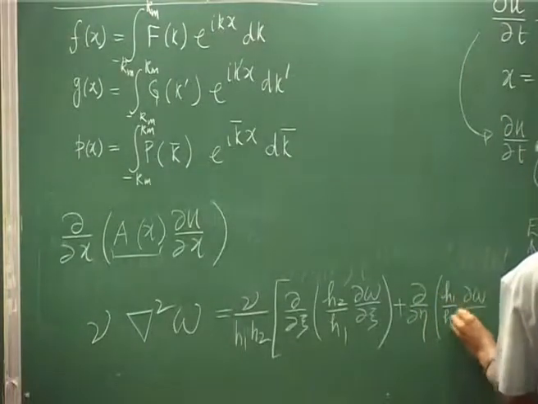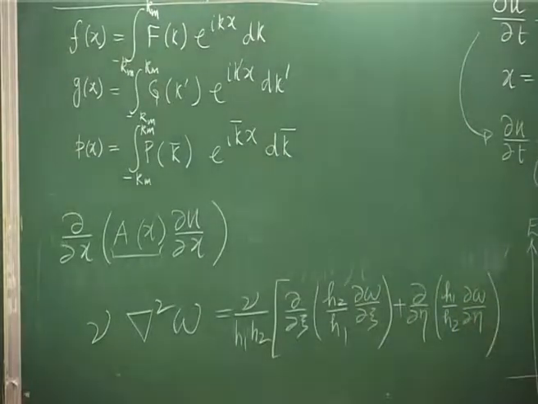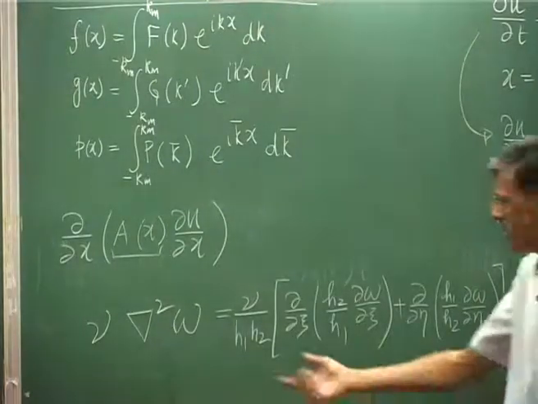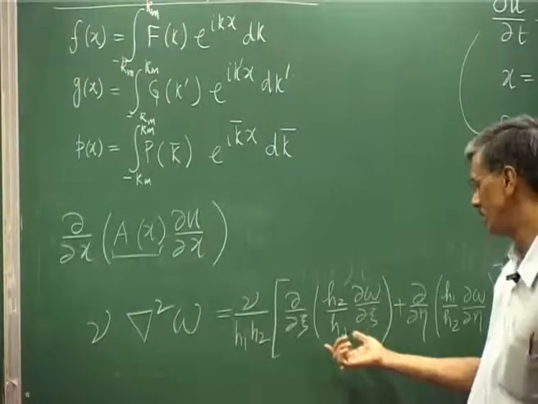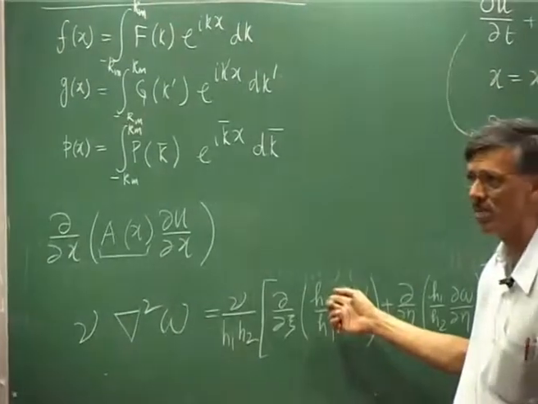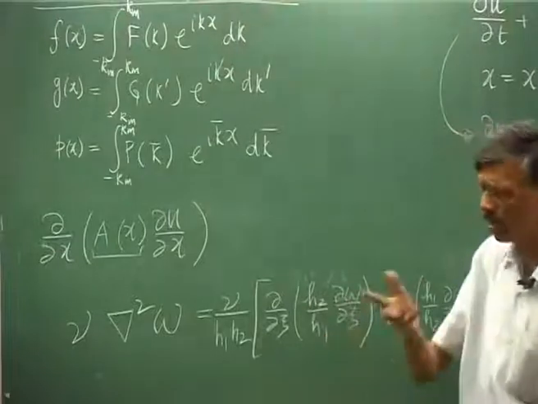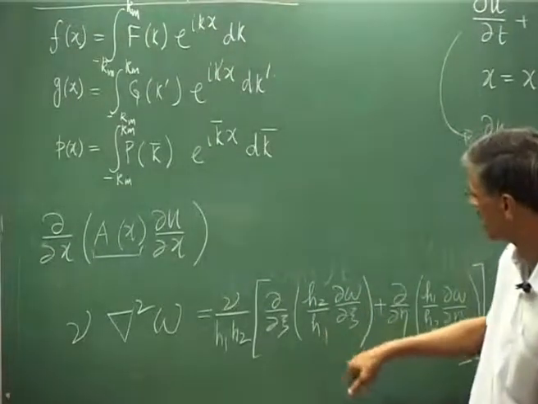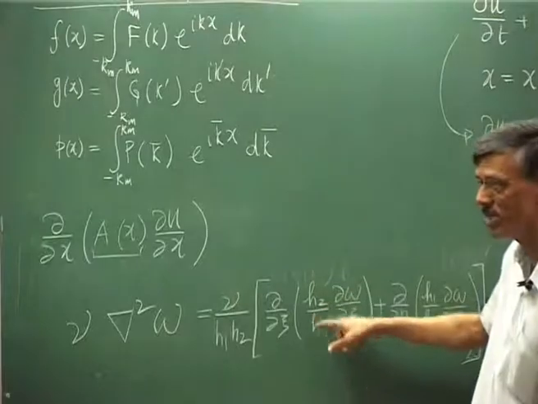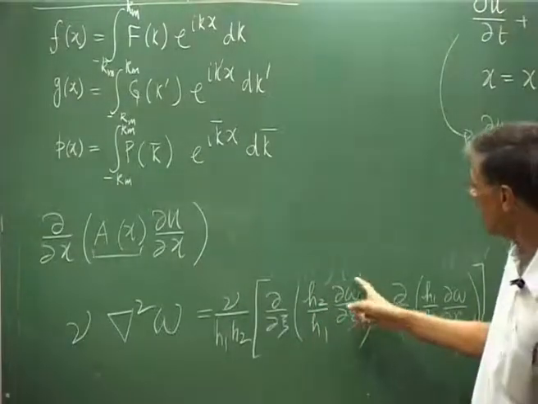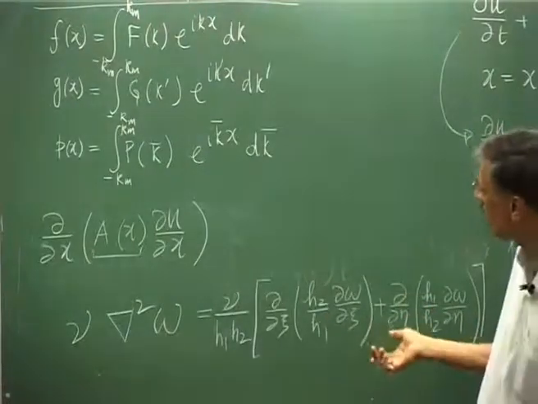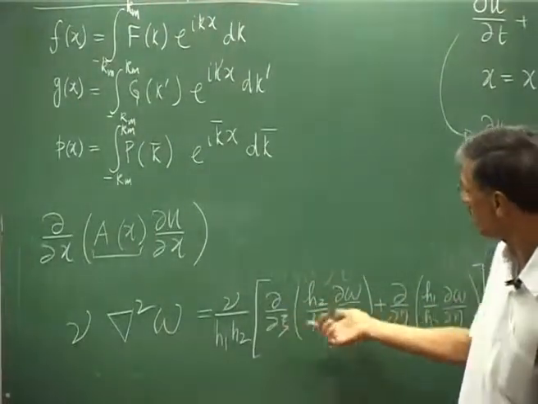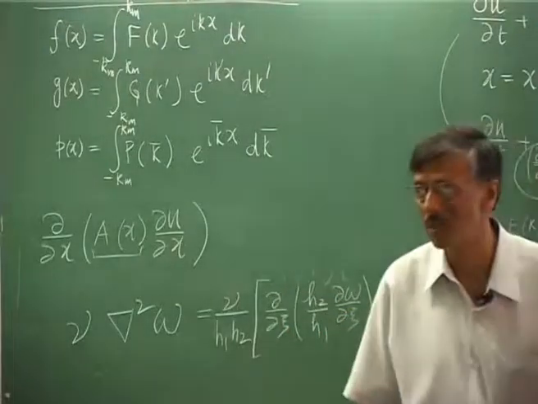And you can see, even though this is a linear operator, it involves the triple product here. H2 is a function of xi and eta, H1. These are all grid transformation quantities, so they are not constants. They themselves are functions of xi and eta. So here you can see it's a triple product, here is a triple product. And when you try to differentiate those triple products, the problem becomes even more acute.